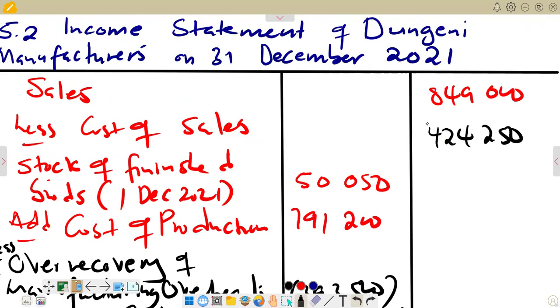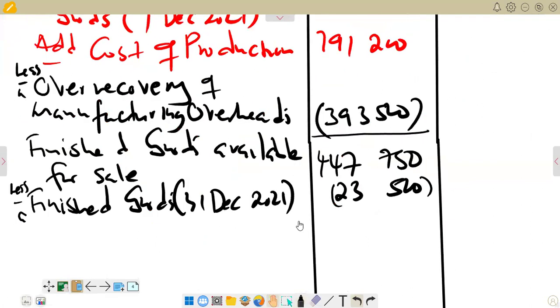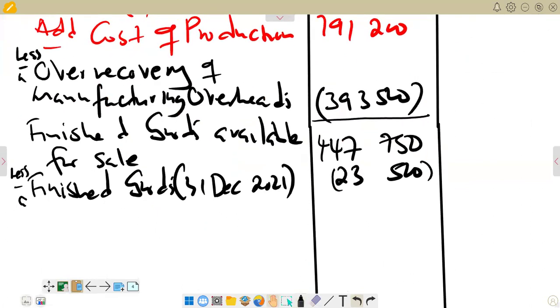But remember, we're saying less, so we're subtracting. So to get our gross profit, we're saying 849,000 minus 424,250. Then we go down to put that figure to represent our gross profit.